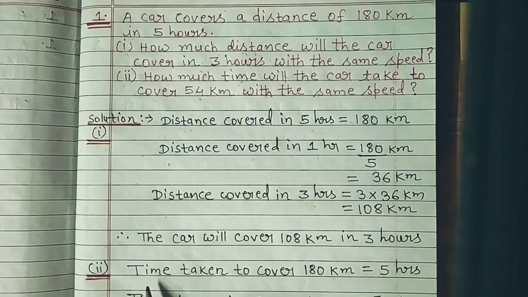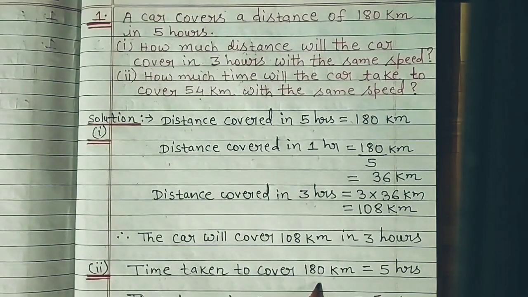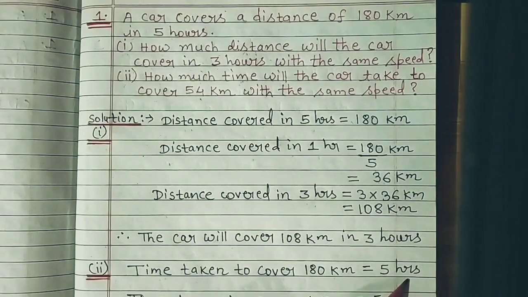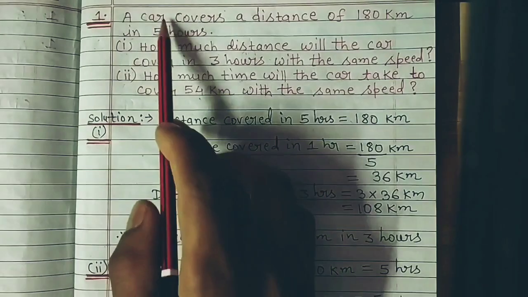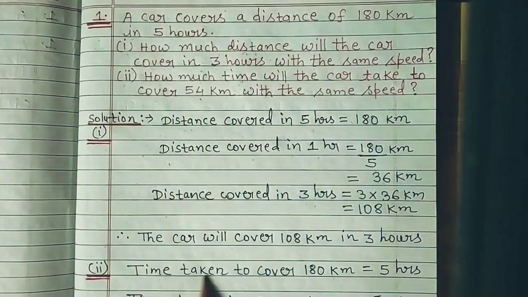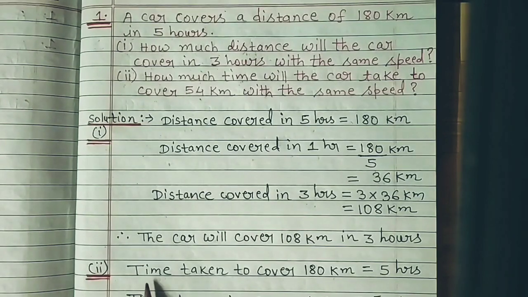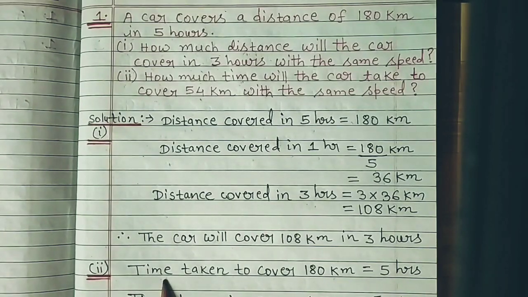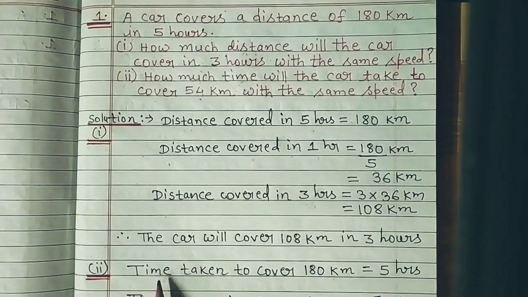So I have written time taken to cover 180 km equal to 5 hours. Clear? Why? Because in question number 2 we have to find the time.